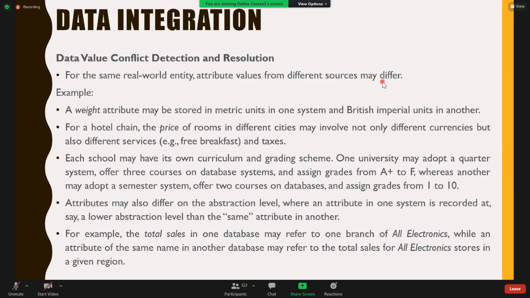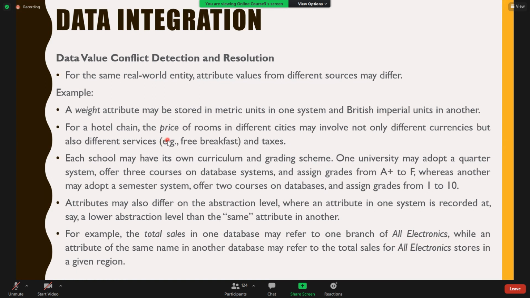For example, consider a weight attribute. Weight is an attribute for a real-world entity person. The weight attribute will be stored in metric units in one system and British imperial units in another system. So the measures may vary, but the entity is the same. This is one problem, data value conflict.